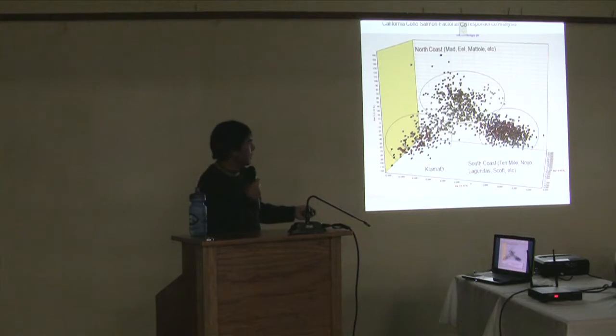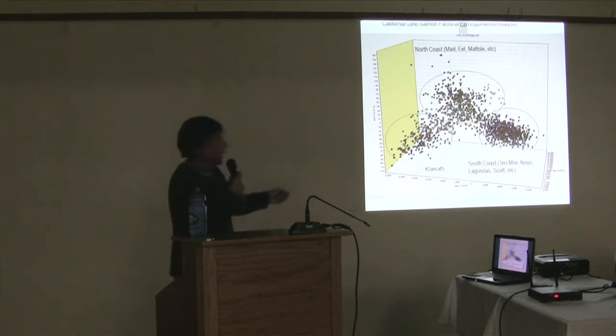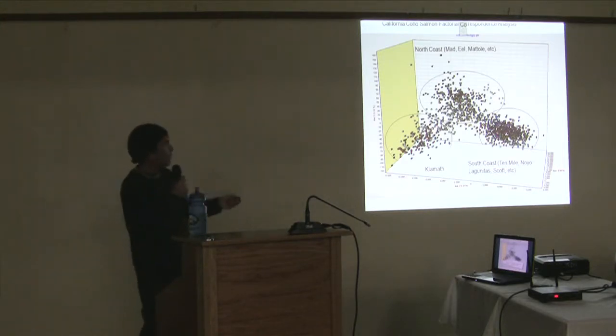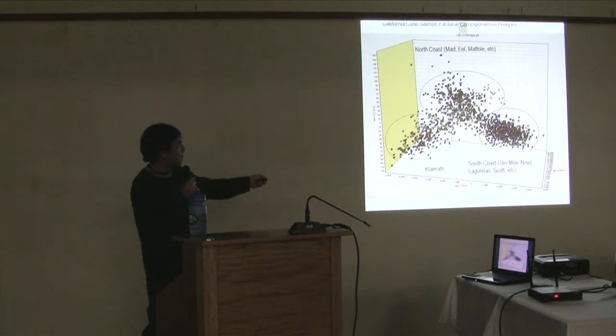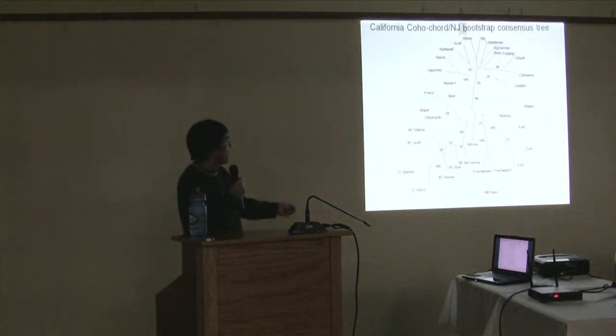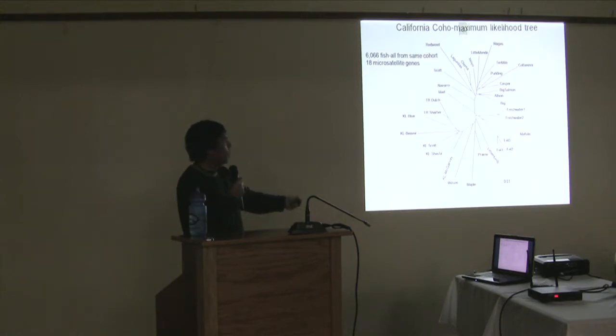This is a graphical representation in 3-dimensional space, sort of made 2-dimensional here, of individual genotypes from all of the fish in that previous slide. And I failed to point out that all of these populations were sampled in the same year in the same cohort.